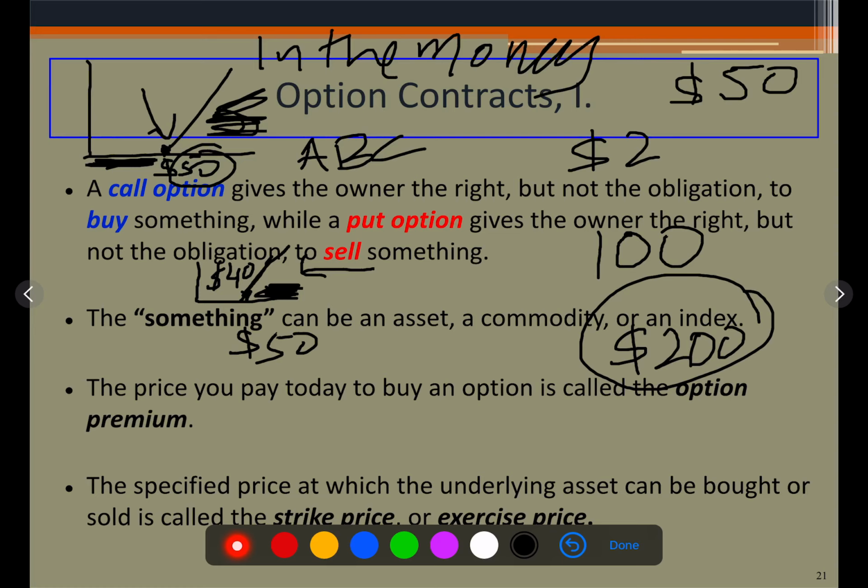But the good thing is that I have already bought the put option contract, which gives me the right to sell at $50, the exercise price. So this is my benefit. I will sell at $50 rather than selling at $40 in the exchange market. I will sell at $50 to the put option contract seller.